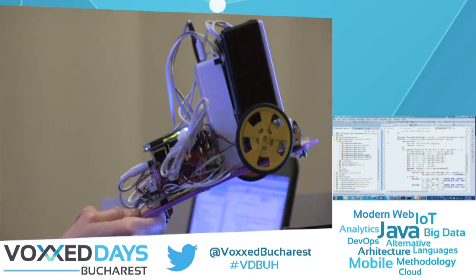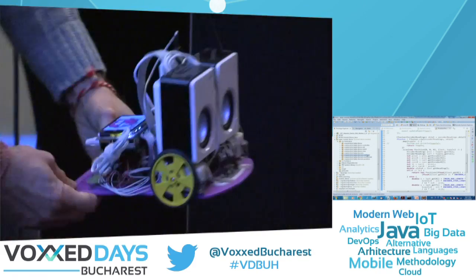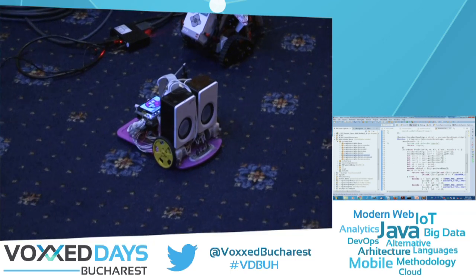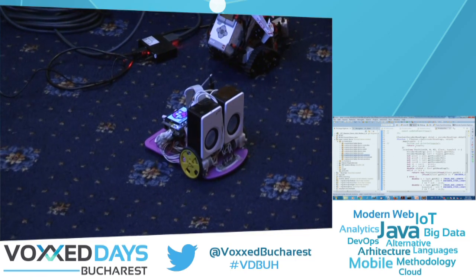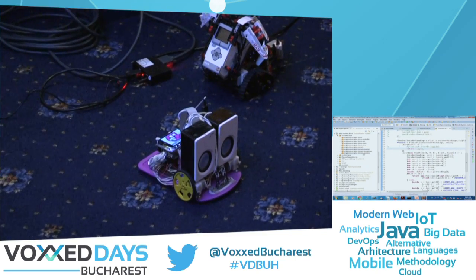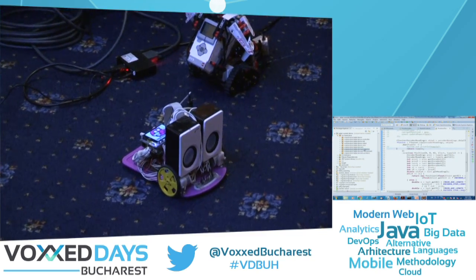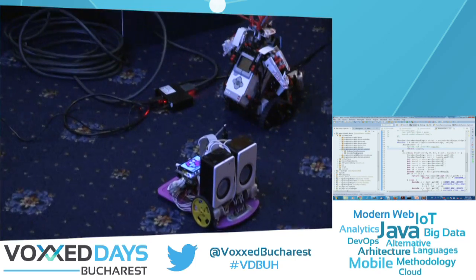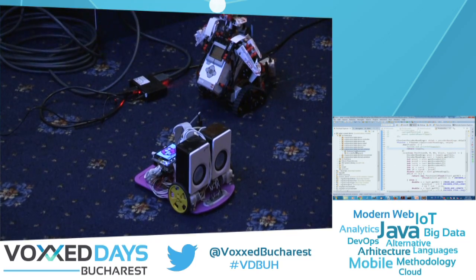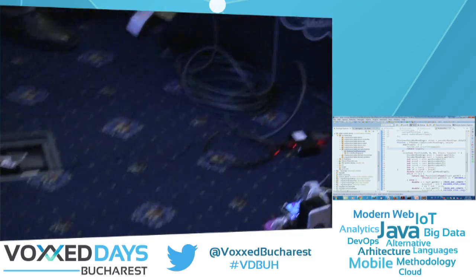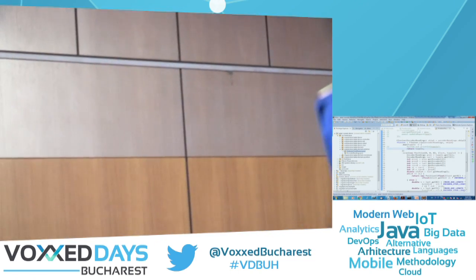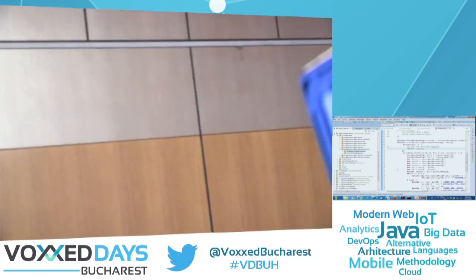So let's see. First of all, we have the implementation starting from the low level, from the encoder. This is the Arduino. It is a service that produces events, and I model it as a function. A function is like a stream, but there are two types of streams now, fluxes and functions, in Reactor.